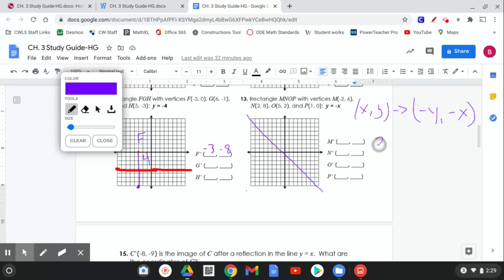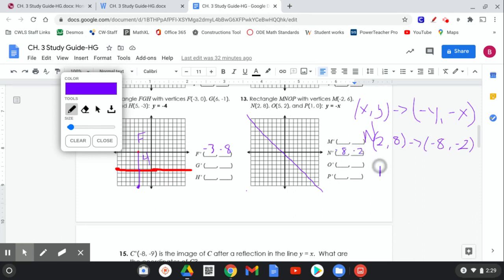If we're using (2, 8), it goes to (-8, -2). Okay, and that is for N. So the coordinate for N prime is (-8, -2).